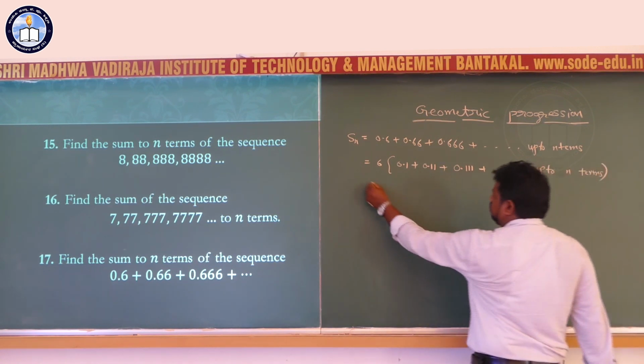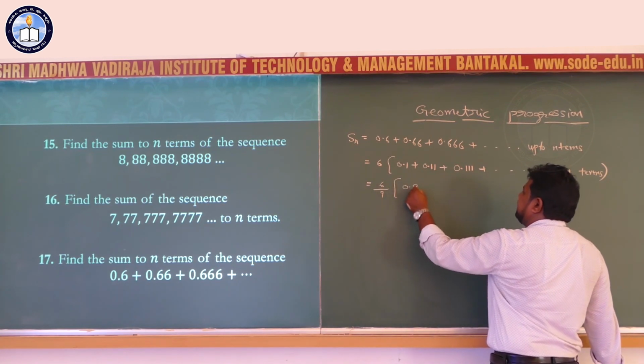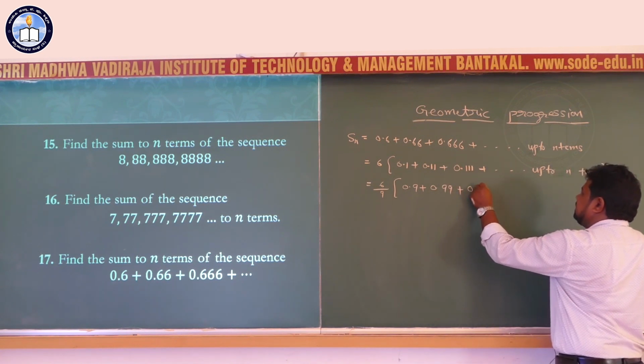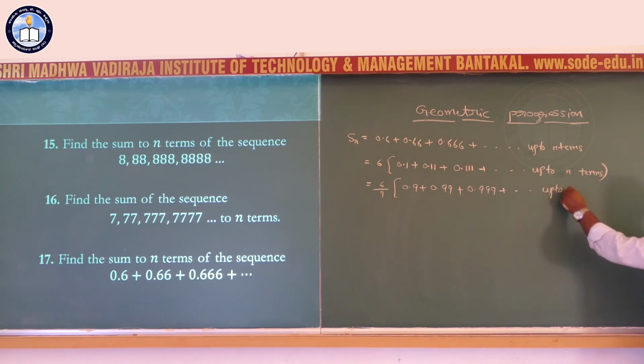That is equal to 6 by 9 into 0.9 plus 0.99 plus 0.999 up to n terms.